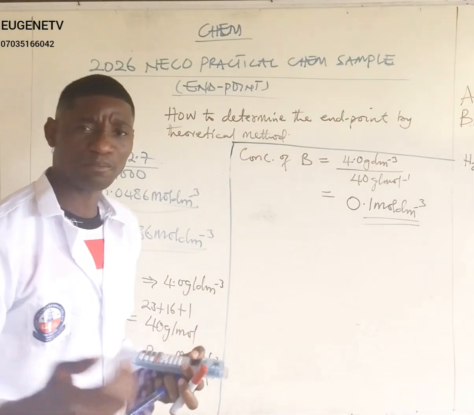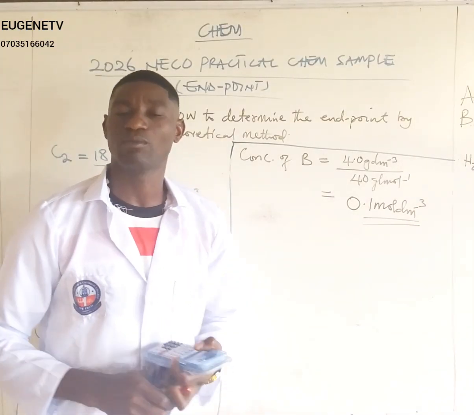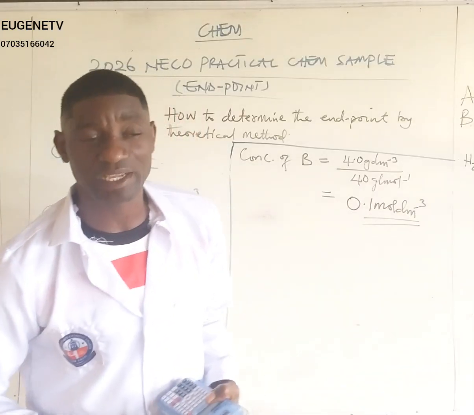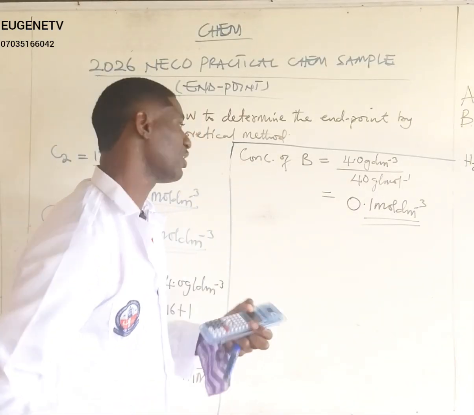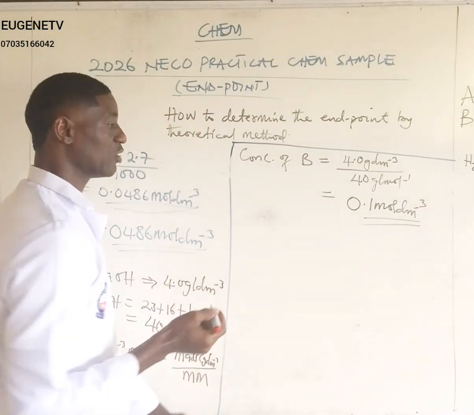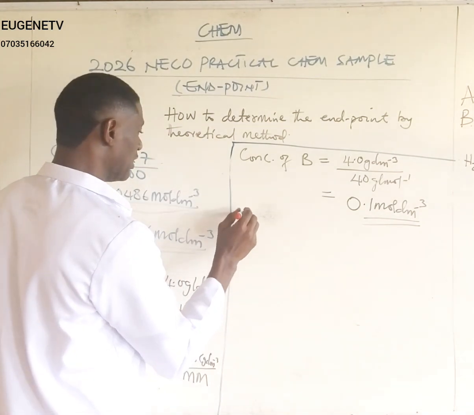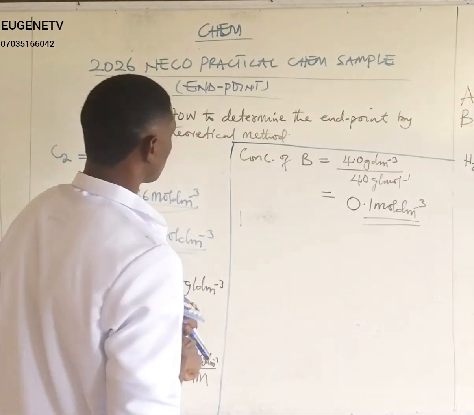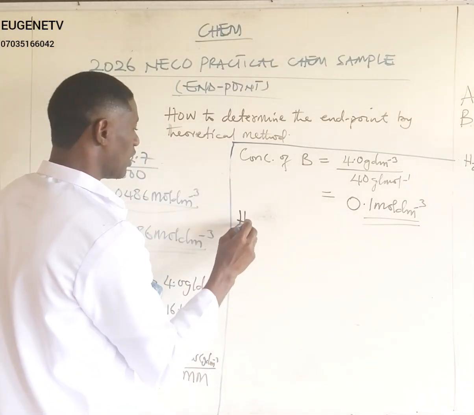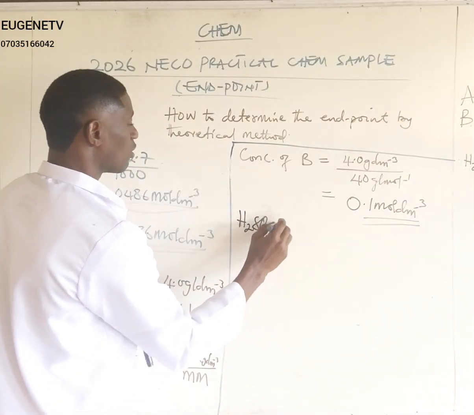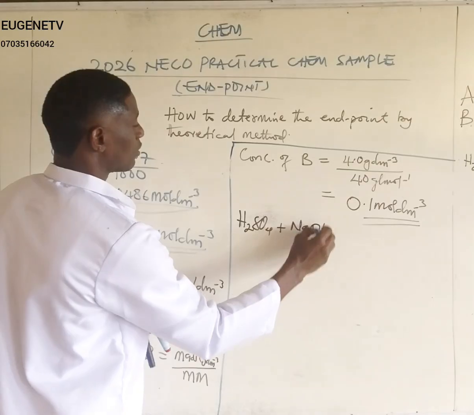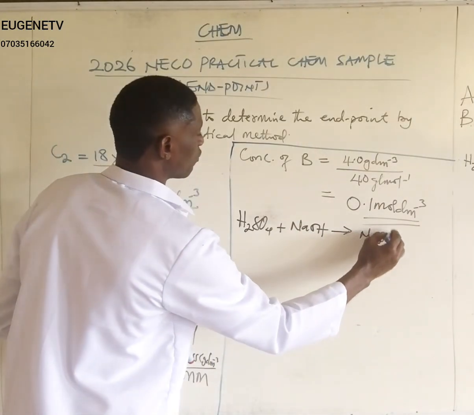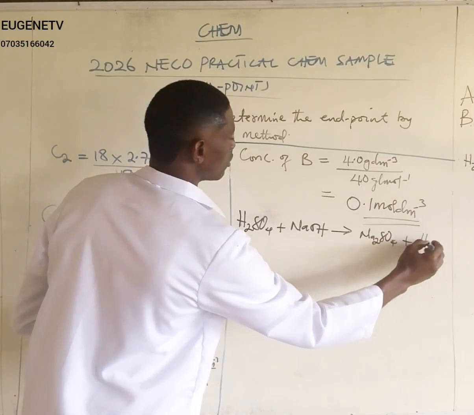Alright, so we can now apply our mole ratio formula. But before we apply our mole ratio formula, we are going to write the equation of reaction involved between sodium hydroxide and sulphuric acid. So the equation is H2SO4 combined with sodium hydroxide to form sodium sulphate and H2O.